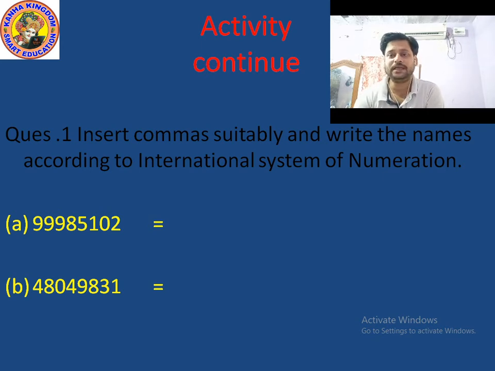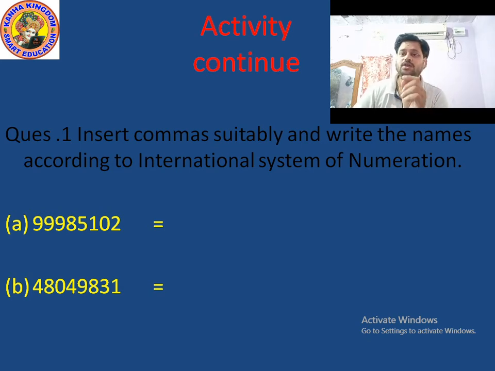Once again, 480,49831. These two numbers you have to insert commas in the international system of numeration, and after inserting the commas properly you can read easily, or you can write in words also.